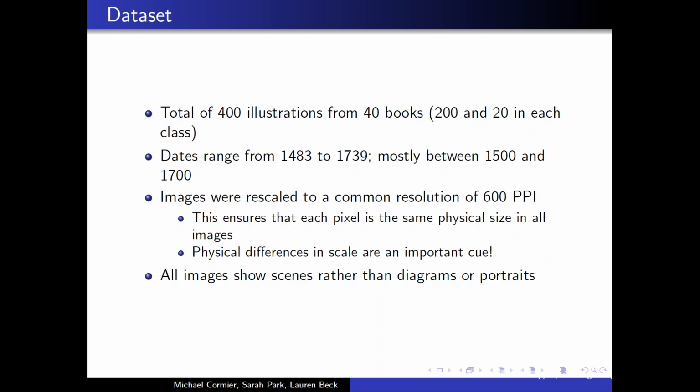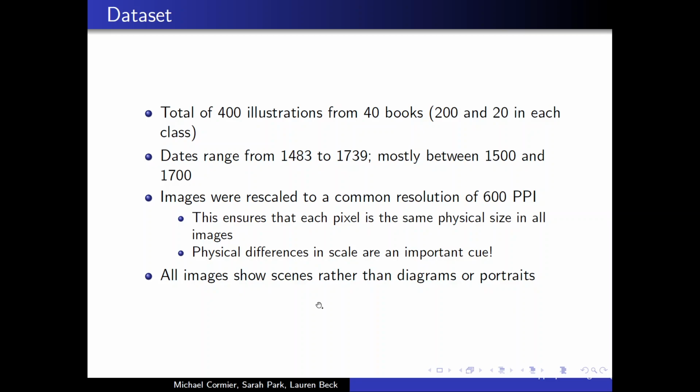Now, this is important because the fineness of the lines, the sharpness of the lines, these things are important factors in distinguishing between woodcuts and copperplate engravings, and they relate to the physical scale of the lines in the image, not to a particular pixel scale in the scan. So we need to standardize them all to a common 600 ppi resolution.